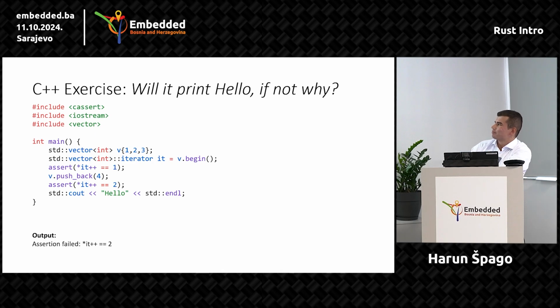So why is this? Well, I didn't get it the first time either. When we declare the iterator, the vector basically has a pointer behind it, and the iterator also is a pointer, and they are pointing to the same number 1 until this first assertion.